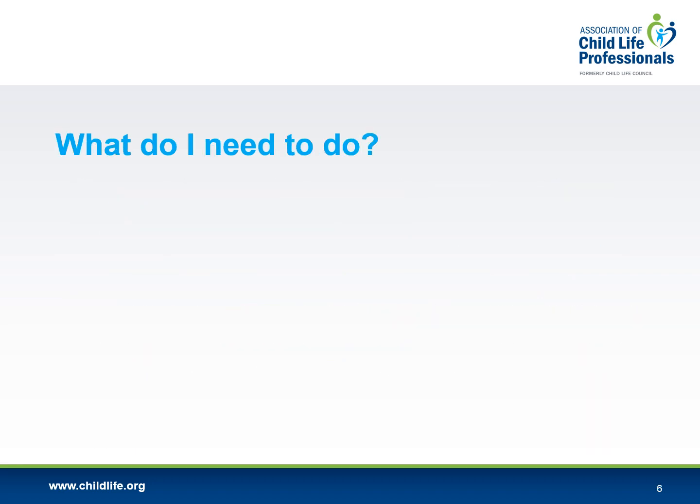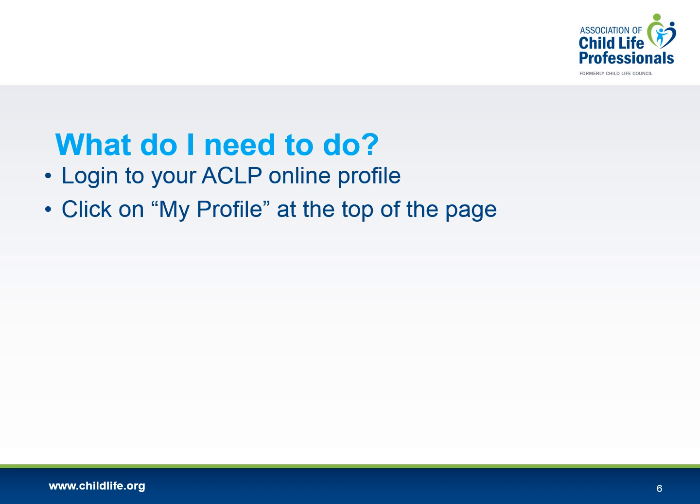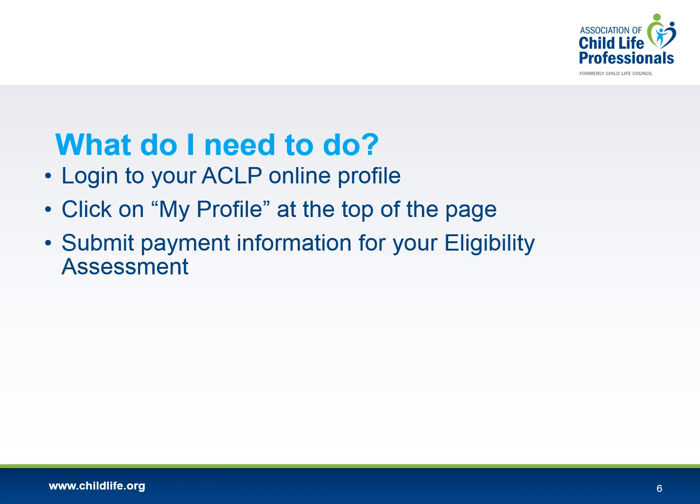So what do you need to do? You need to log on to your ACLP online profile, and once you are logged on, click on My Profile at the top of the page. You need to make sure that you submit your payment first before we can start reviewing any of your courses. Click on Certification, then Certification Portal.